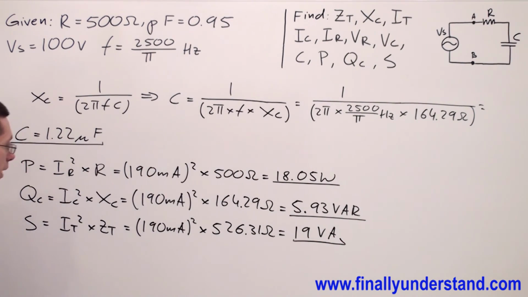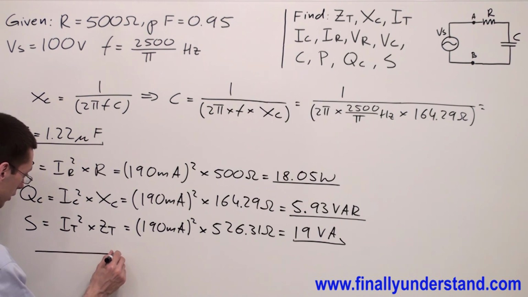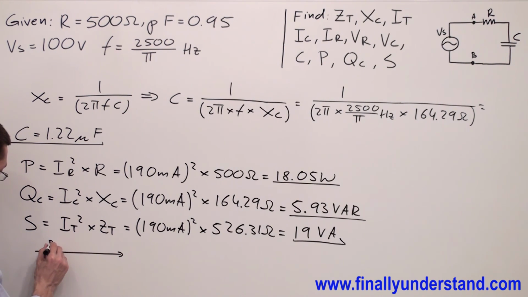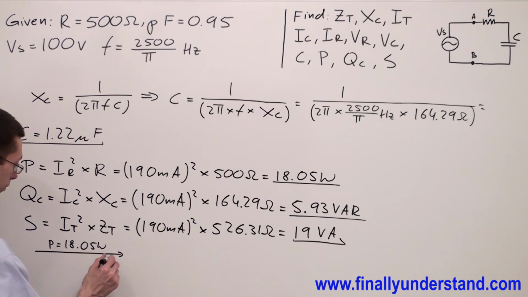Okay, I found all my powers. So next, I'm supposed to draw the power triangle. So I have true power. This is my P equals 18.05 watts. And I have QC.